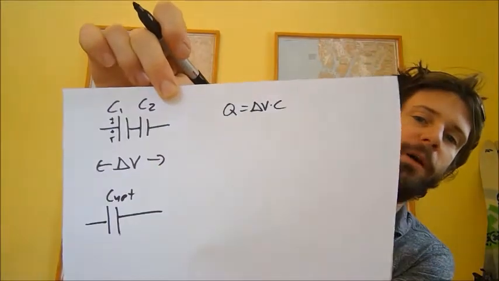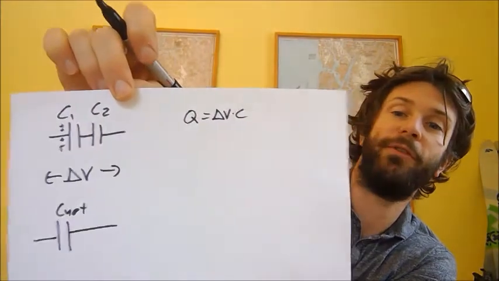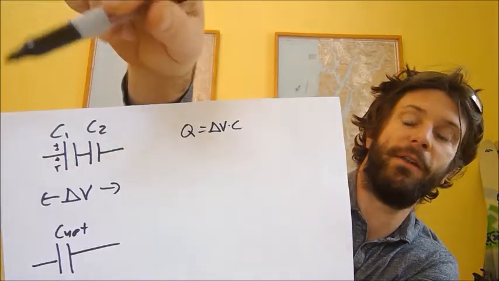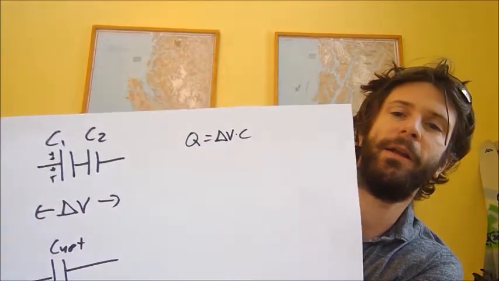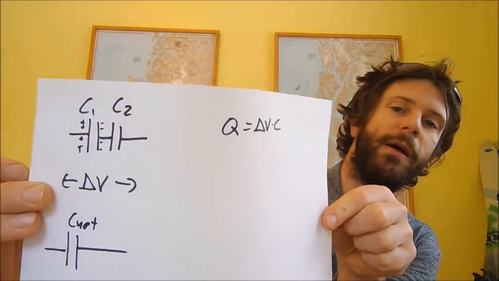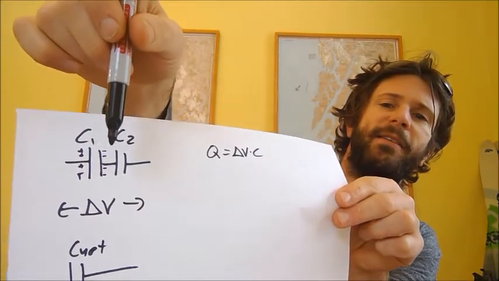This is our C net right here. And let's suppose there's 4 charges built up on this side of C1, the front end side of C1 here. Now we know that means there must be 4 negative charges on the opposite plate because they balance out. So I'm going to put that here: 1, 2, 3, 4 negative charges there. But if there's 4 negative charges, what must happen on this side of C2?